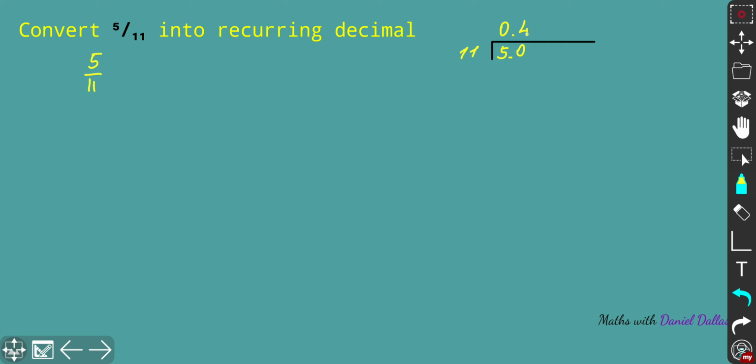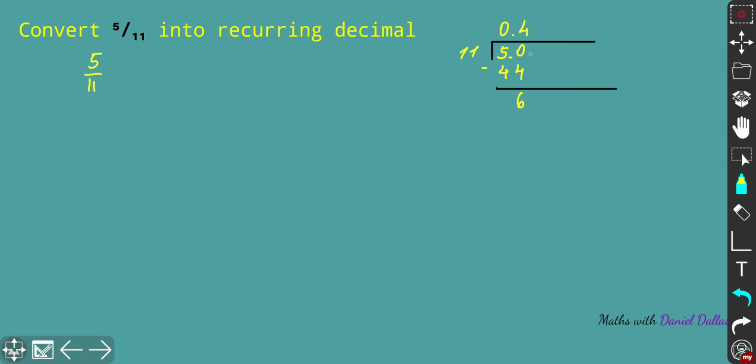Obviously 4 times. Then you multiply 4 by 11 back so that you'll get 44. Now from 50, you subtract 44, and that's going to be your interim result. The result is 6, and that means you have 6 as a remainder.